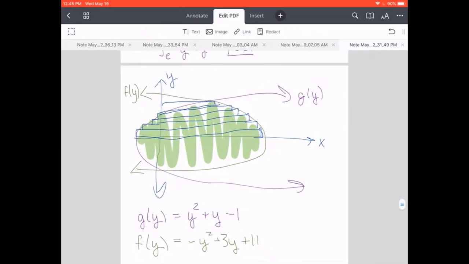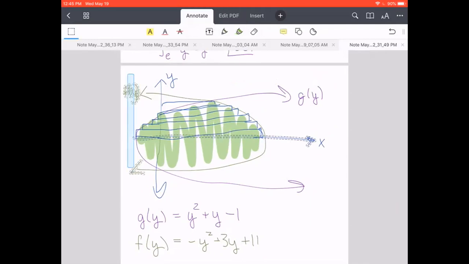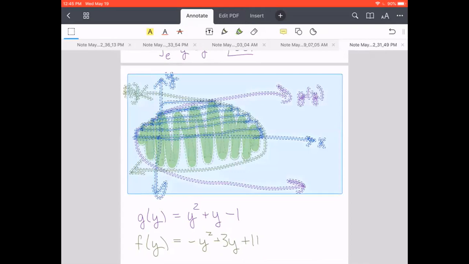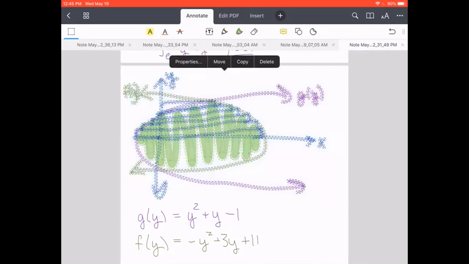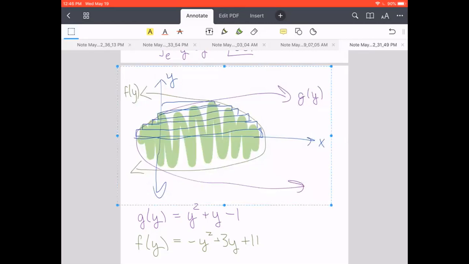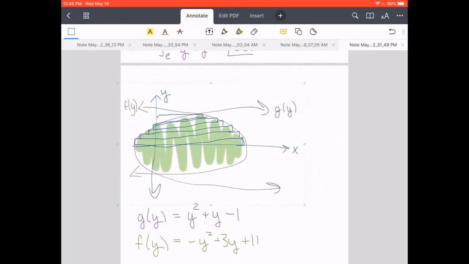So remember that the positive direction is to the right. So Brandon, your instinct is correct. We have to look at the direction and we have to rotate it.